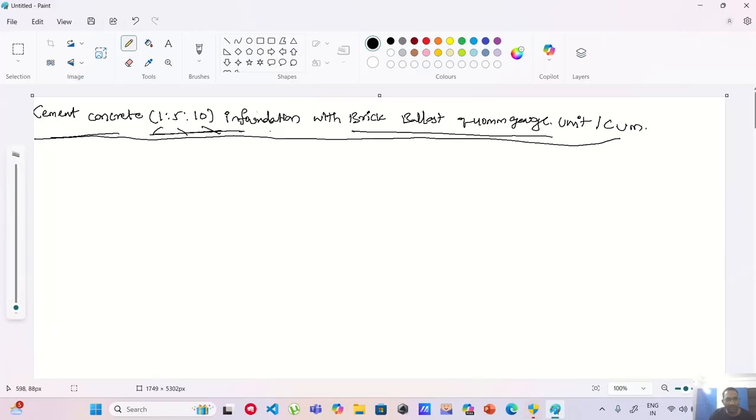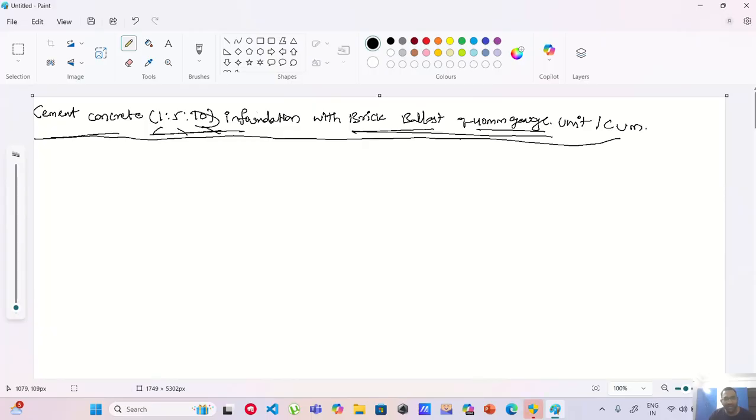I think everyone knows about this. The size of the coarse aggregate we have to use is 40 brick ballast. This is a small example which is in the textbook, and I am explaining it.